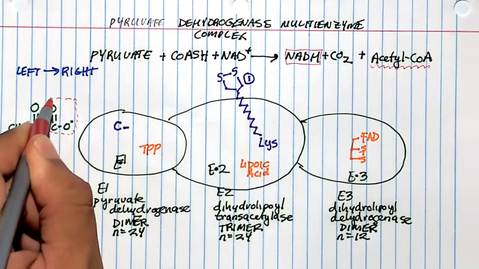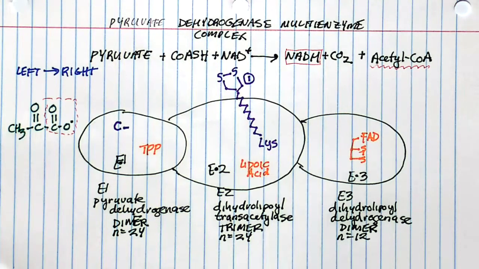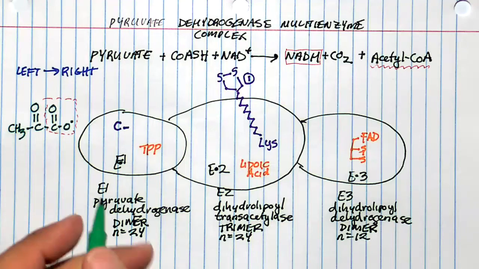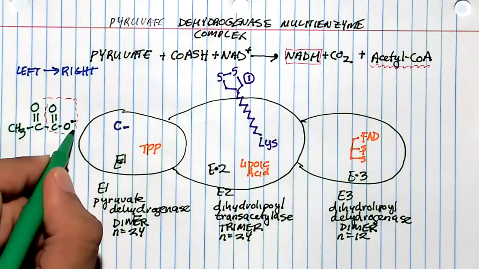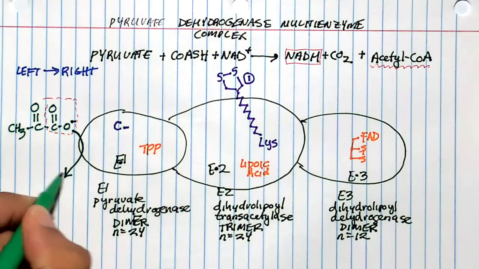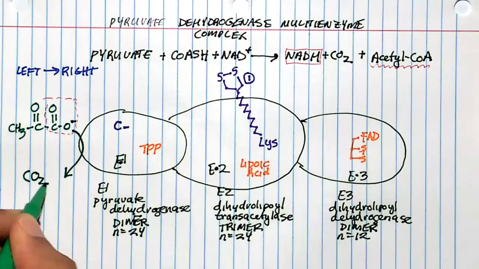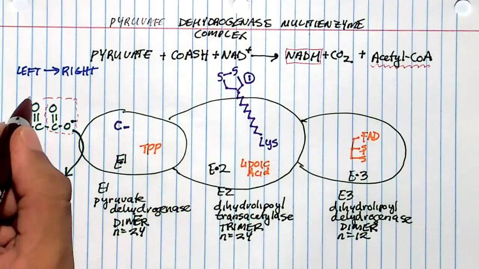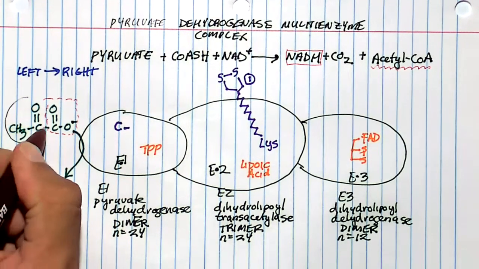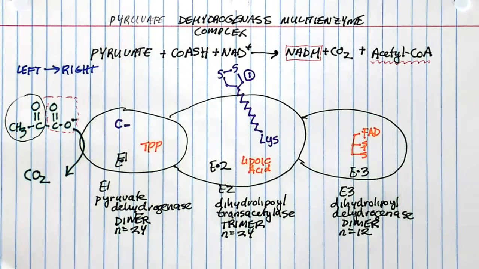The COO minus, the carboxylate group, is going to come off. And when it comes off, there is your CO2, and this acetyl group, which I'm going to circle right here.